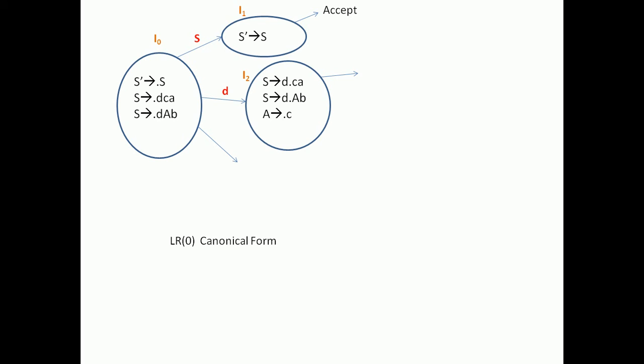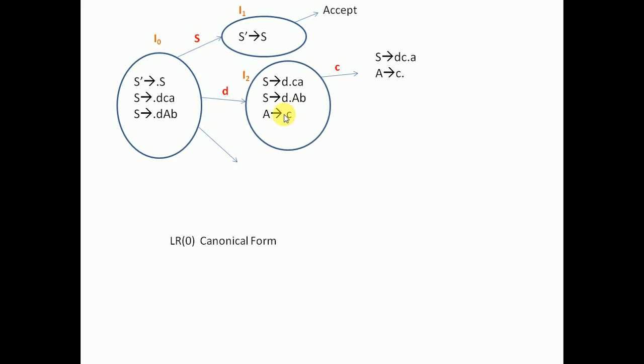Now move over small c. We have to start again from I2. I1 is a complete accept state, and the dot should be there after the S, but I forgot to put it here. Now move over small c, where you will reach S derives d c dot A. Another move is also created on small c from this state, the production A derives dot c.